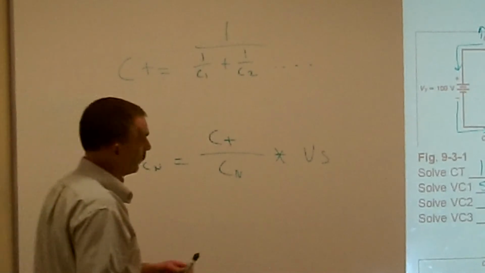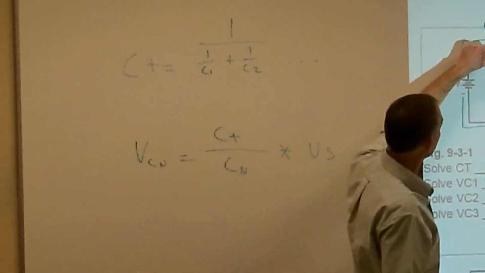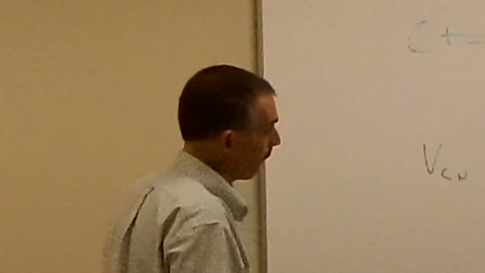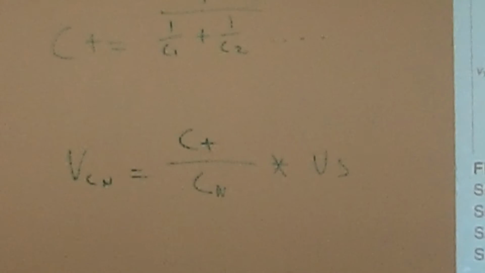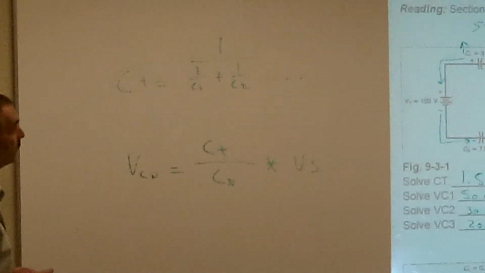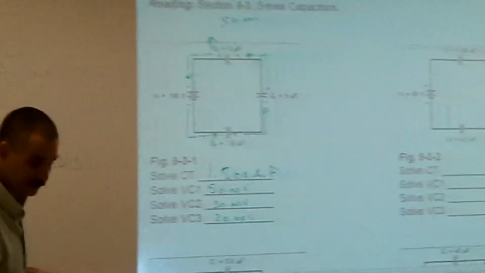Because this capacitor is almost over twice as large as this one, it didn't drop as much because it didn't get to fully charge up to its fullest potential. Okay? Any questions on that one? Pretty straightforward. All right.